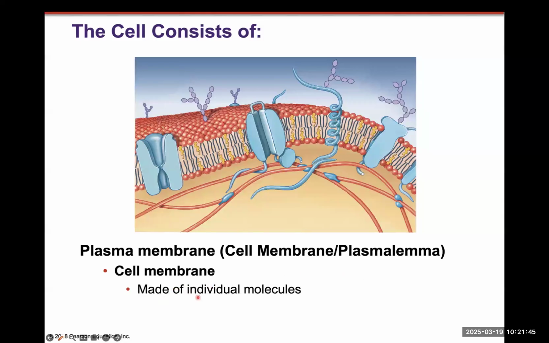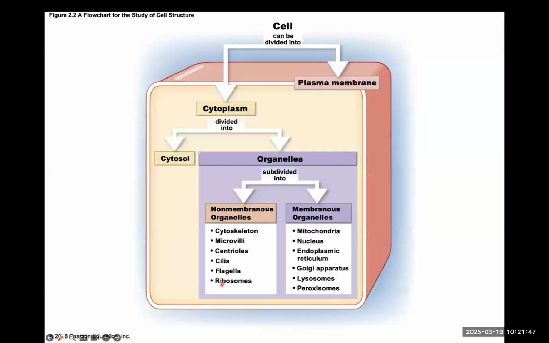The cell membrane is made up of individual molecules. This is a diagram showing how everything is broken down on the outside. You have the plasma membrane here, also known as the cell membrane, also known as the plasma lemma, and that encases all this stuff.